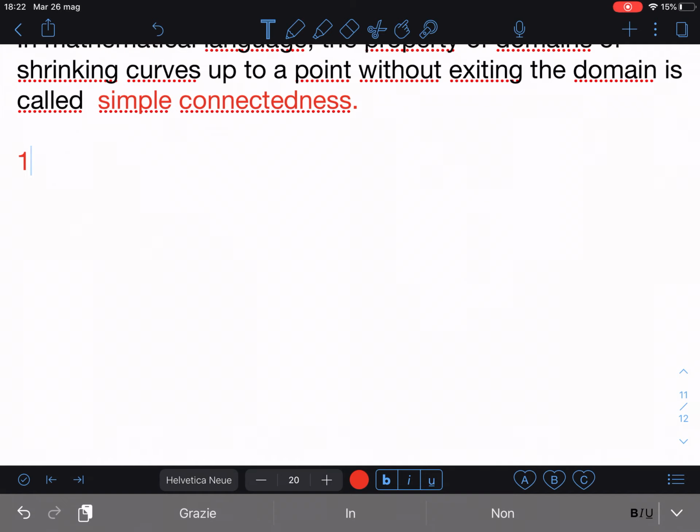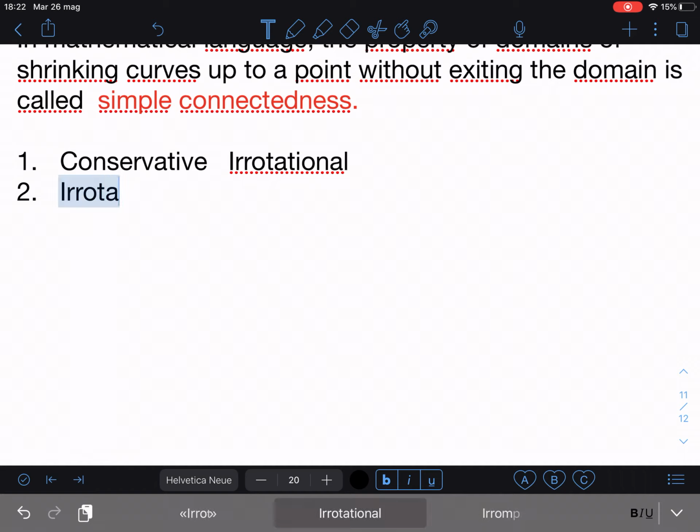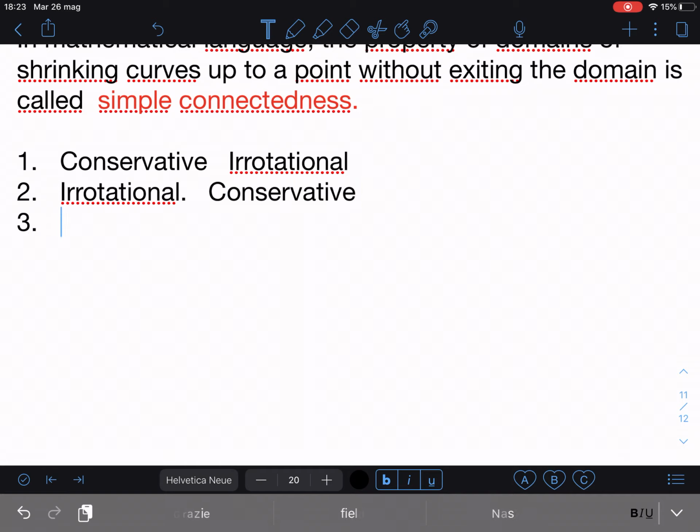So first, okay, conservative implies irrotational. Now it has learned. Irrotational, okay, I put the arrow at the end. Irrotational does not imply conservative. 3.